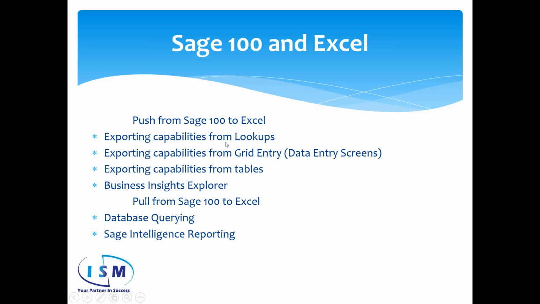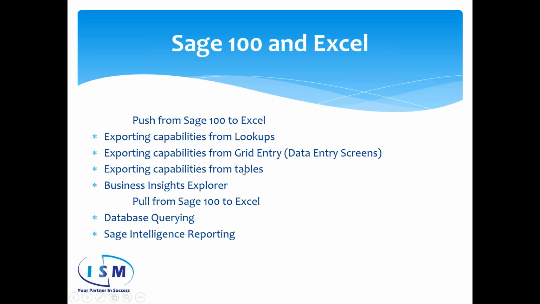So we'll go through each of these, with a small demonstration. We're going to go through exporting information from lookups, also exporting from grid data entry screens, and we'll go through general journal entry and see how we can export to Excel.